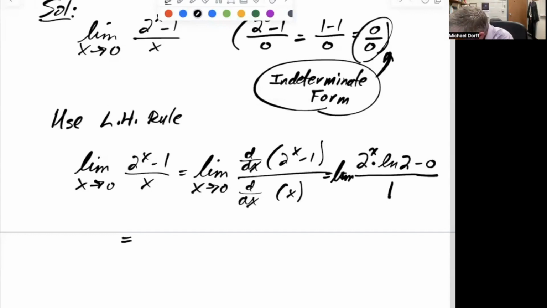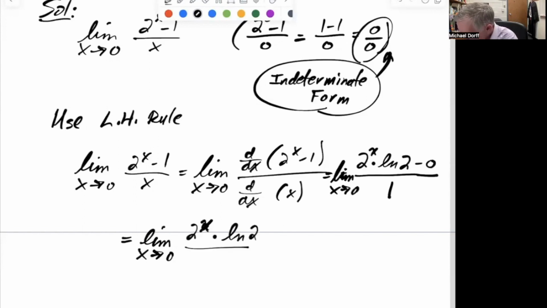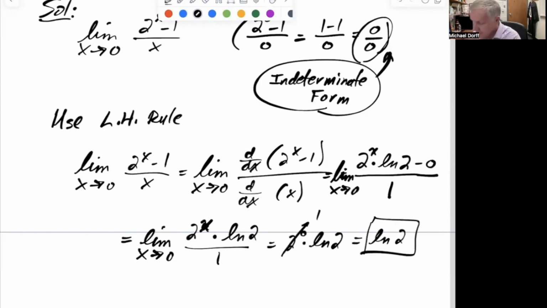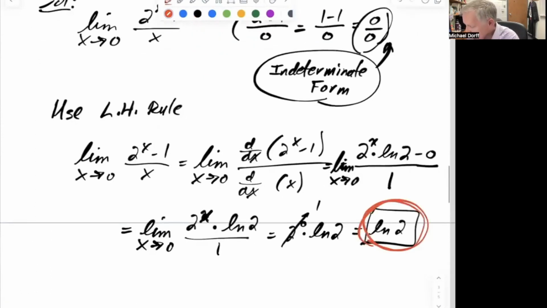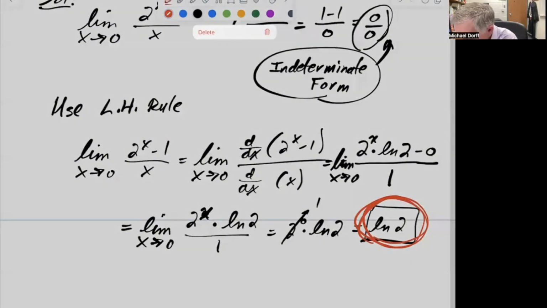So I have the limit as x goes to 0 of 2^x times natural log of 2 over 1. When I put in 2^x there, I get 2 to the 0 times natural log of 2, and 2 to the 0 is 1, so I get natural log of 2. That's my answer. The original limit as x goes to 0 of (2^x - 1) over x equals natural log of 2, and we got that by doing L'Hopital's rule.